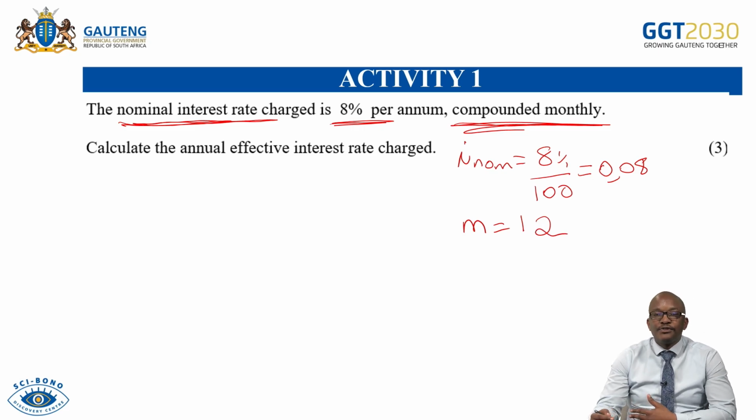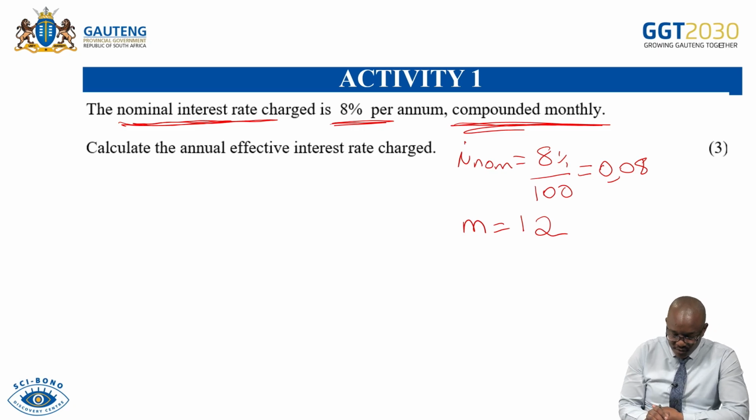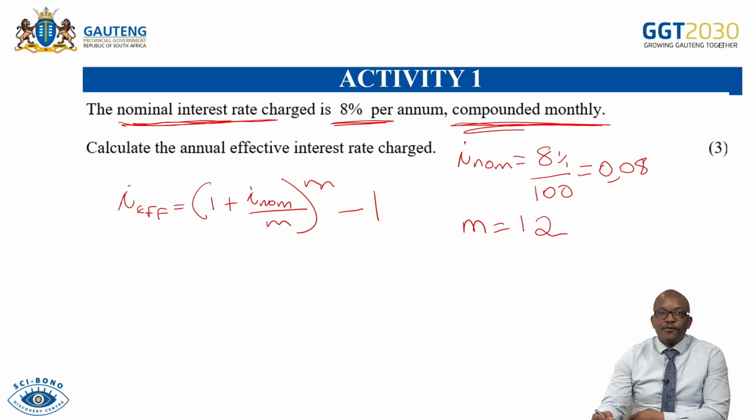So those are the two things that you need to utilize the formula for effective interest rate. And remember, in the formula we have I effective equals open bracket 1 plus I norm divided by M, to the power of M, minus 1. That is our formula there.